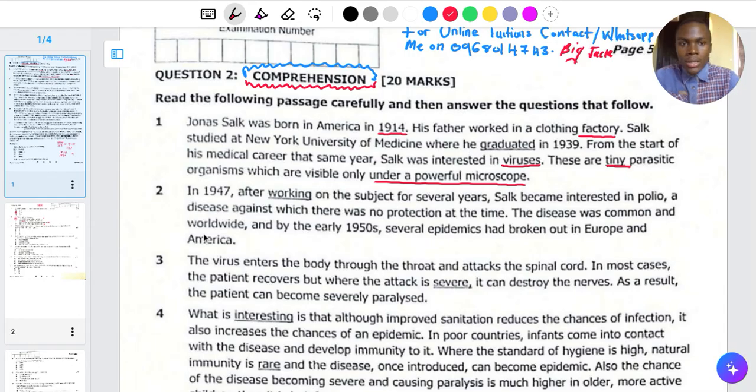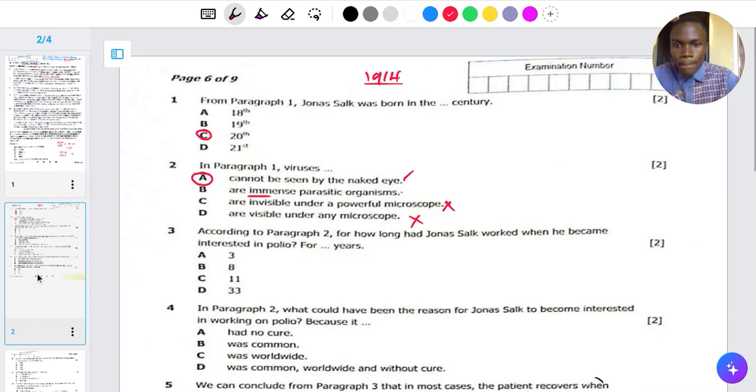So according to the number of years which passed here, we need to look at the years. He started working on the subject in 1947, and then in the early 1950s is when this disease became common worldwide. So we just need to do the math here. We have 1950, and we also have 1947.